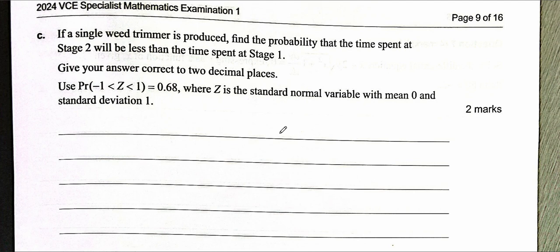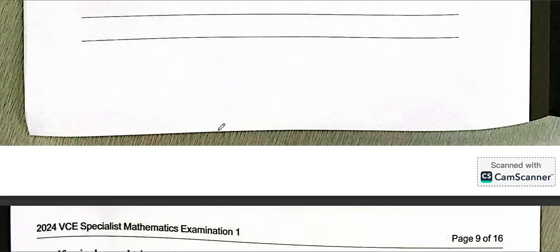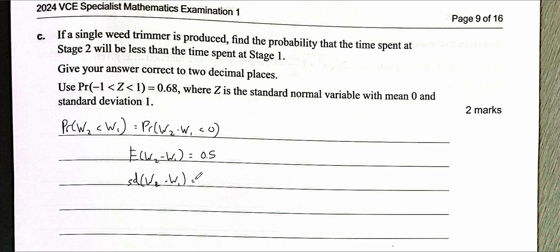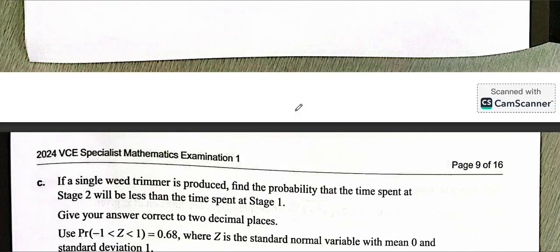All right, if a single weed trimmer is produced, find the probability that the time spent at stage 2 will be less than the time spent at stage 1. So the probability that W2 is less than W1, which means the probability of W2 minus W1 is less than 0. E of W2 minus W1 is equal to 1.5 minus 1, which is 0.5, and the standard deviation is equal to the square root of this squared plus this squared, which is 0.5.